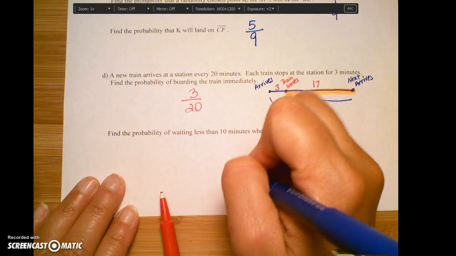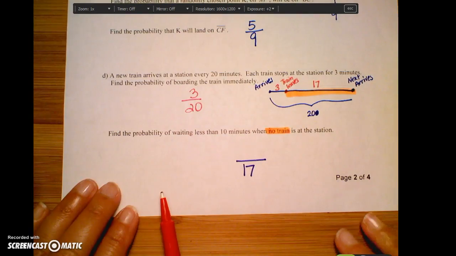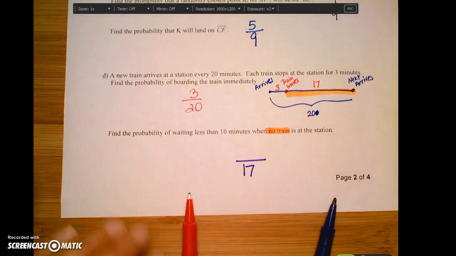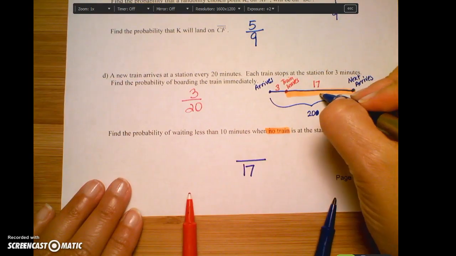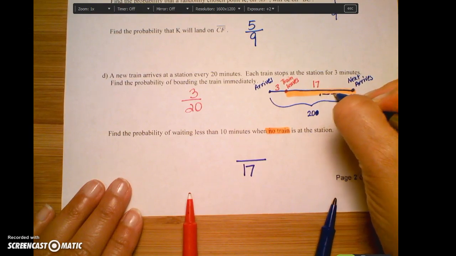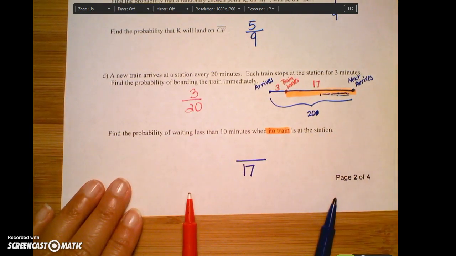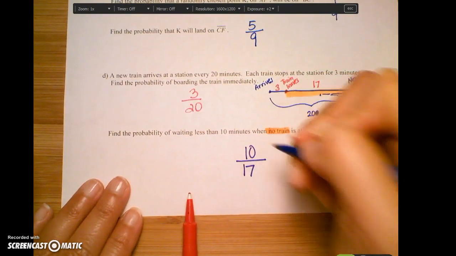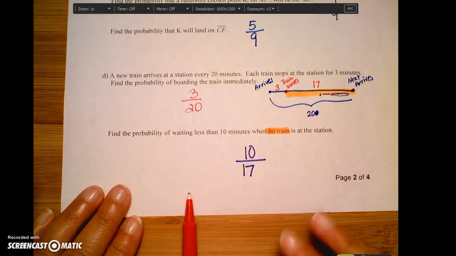So our total possible is 17. Now, what's the probability of you waiting less than 10 minutes? Well, less than 10 minutes would be someplace over here for less than 10 minutes. And so the chances of that happening is 10 out of 17.